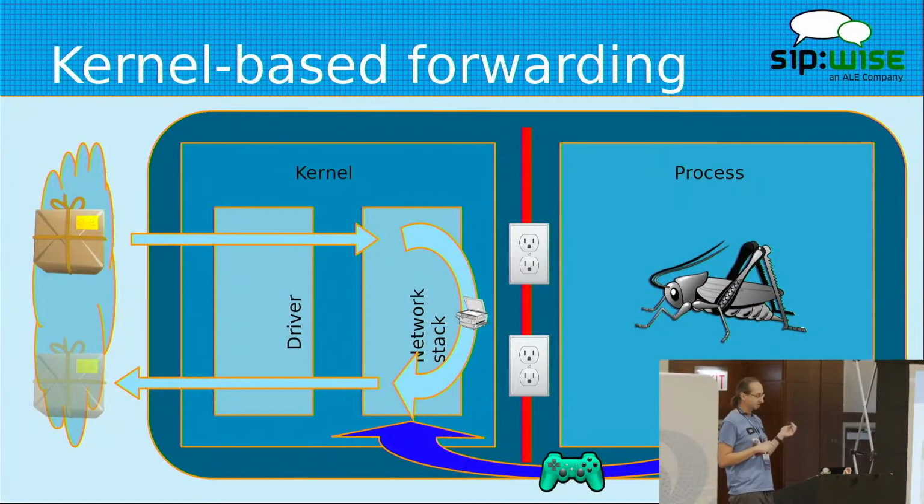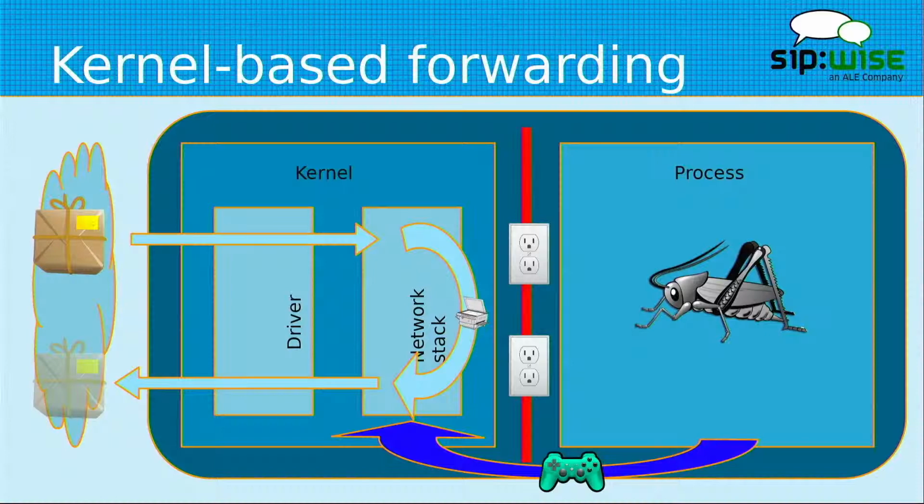So we taught the network stack to handle the forwarding part. This avoids the system calls altogether. The packets never actually get to the socket. The process never gets to see the packets. It's basically bored when it does that.